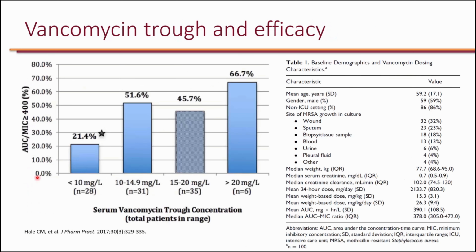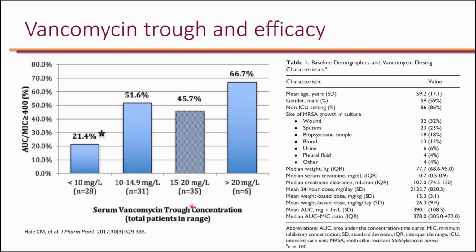And lastly, the old guidelines were targeting 15 to 20 for more severe infections, and I just showed you that 15 to 20 is more nephrotoxic than 10 to 15. They wanted to see whether, since we're targeting 15 to 20 for more severe infections, a trough of 15 to 20 is even more likely to achieve the AUC to MIC of 400 compared to a trough of 10 to 15.